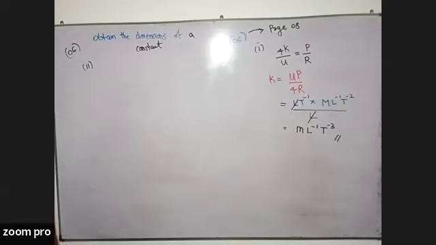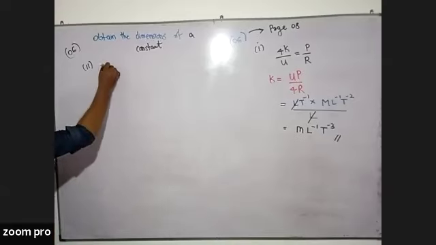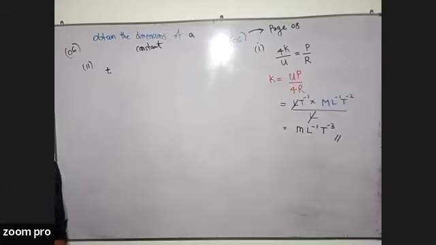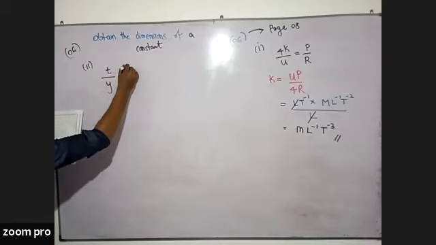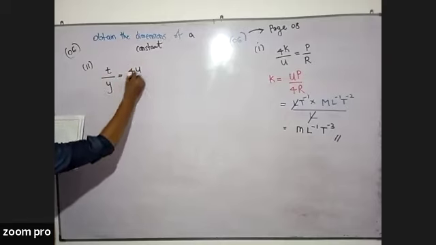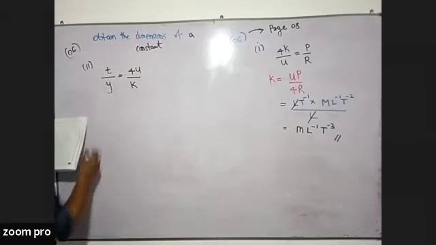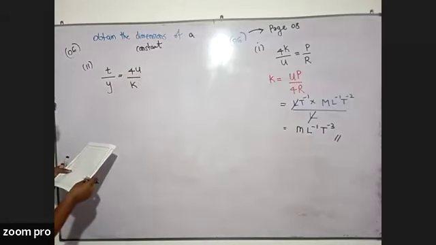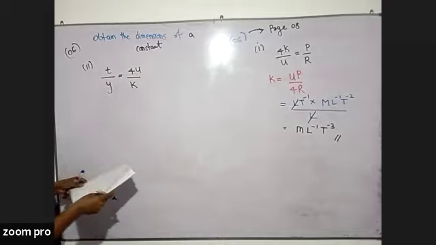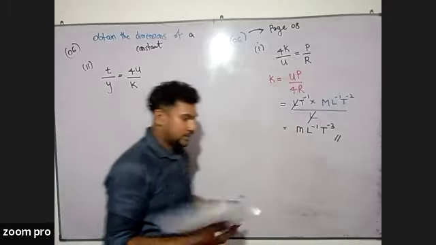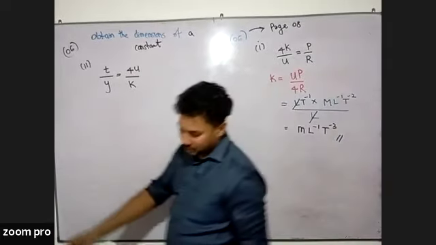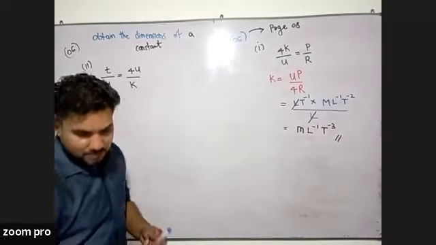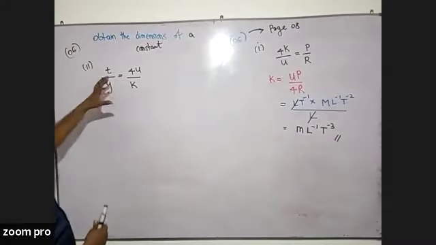Okay. In the second question, it is T over Y equals 4 U over K. Now if the constant is in the denominator position, make a cross multiplication.